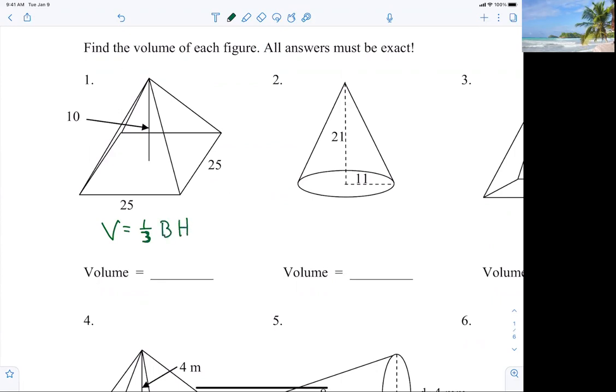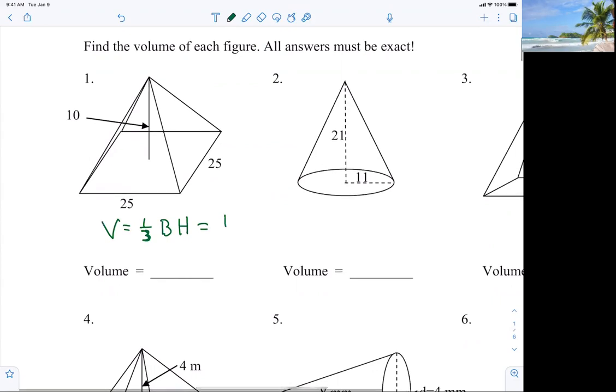Now, how do I find the area of the base? Who can tell me? S squared, right? What is S? What is the side of the square? So it would be 1/3 times 25 squared times, what's the height? 10.